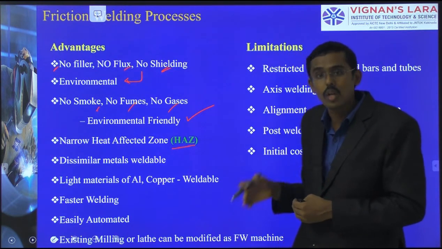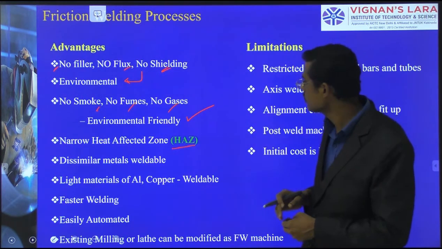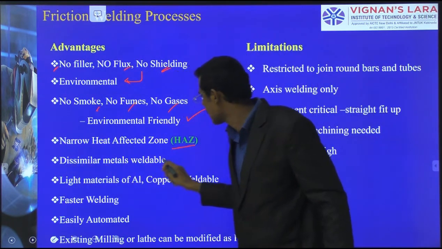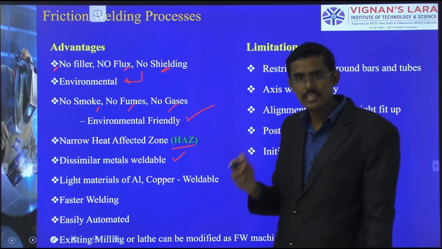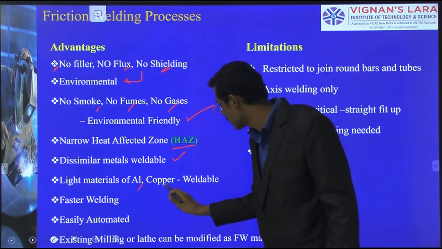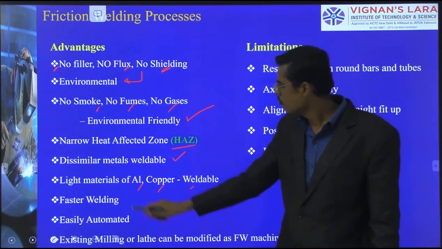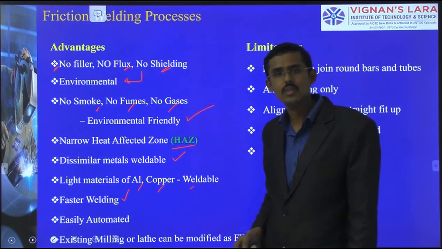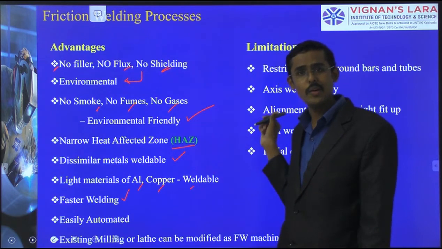All that we can avoid in the solid state joining process. So dissimilar materials can be welded, like steel and aluminum welded together. Light materials like aluminum and copper are weldable. So, faster welding process. What is this faster? Automatic.